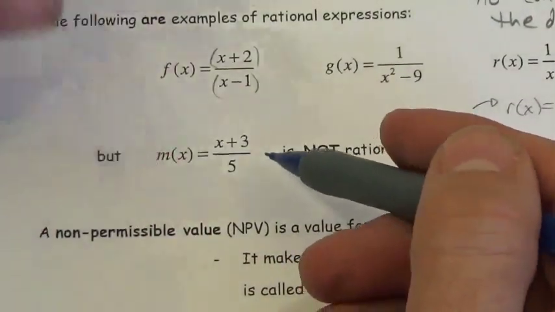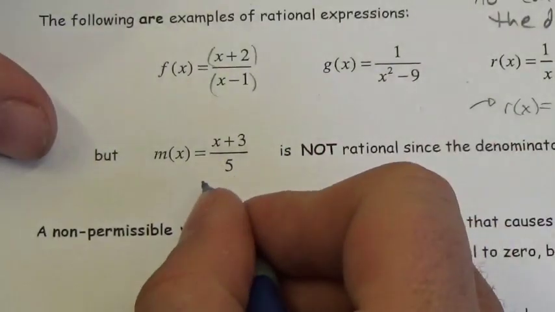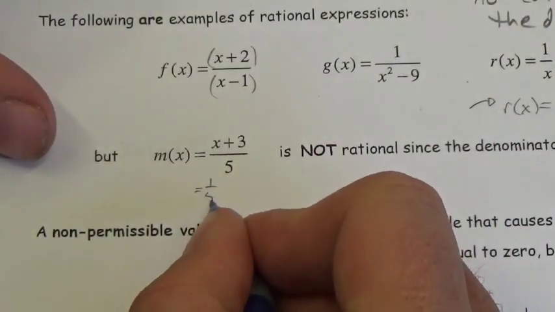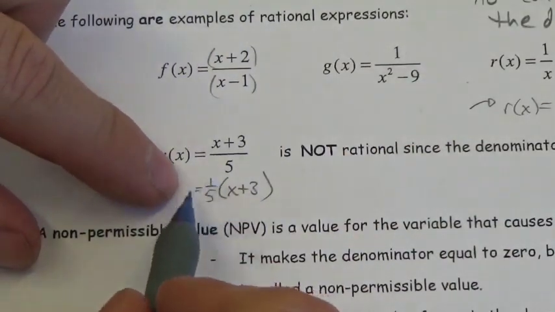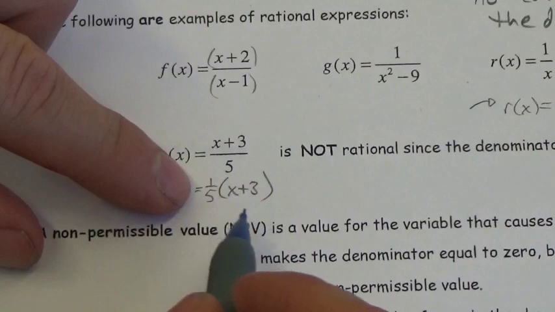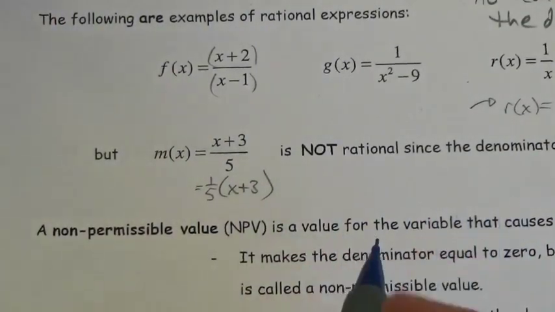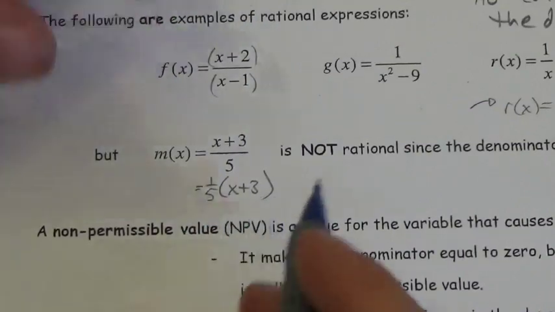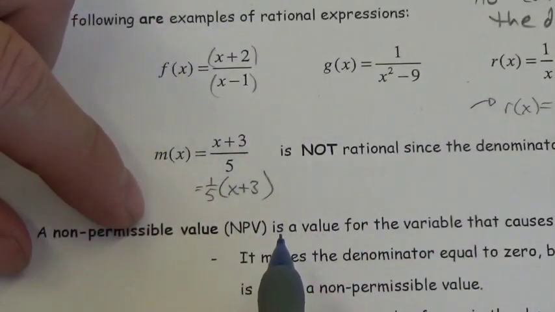So, same thing here. Is this rational? Well, yeah, but it probably makes more sense to think of this one as 1/5 of x plus 3. It means the exact same thing, and then this just becomes a coefficient. In which case, this is really not a rational in the same way. This is closer in structure to what we would call just a polynomial, like a linear function.